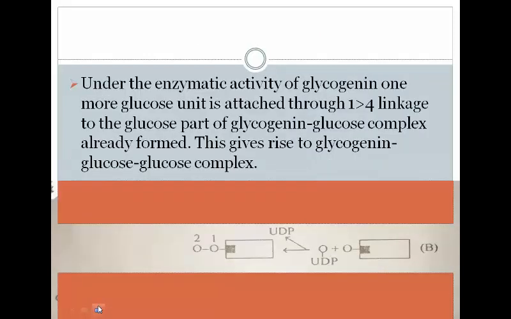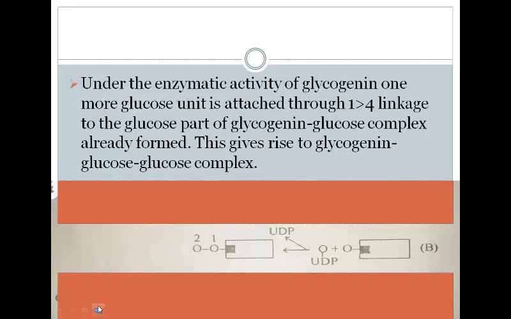Under the enzymatic activity of glycogenin, one more glucose moiety is attached through 1,4-glycosidic linkage to the previously attached glucose part of the glycogenin, and thus it forms a glycogenin-glucose complex.